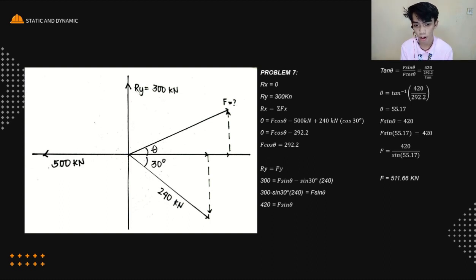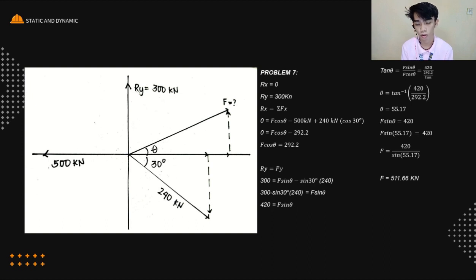Then, Ry is equal to Fy. So, yung Ry natin is 300 kN. So, F sin theta minus sin 30 degrees times 240. Ang magiging F sin theta natin is equal to 420.